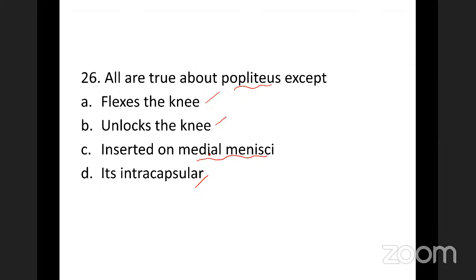The popliteus flexes the knee. As you all got to know, it unlocks the knee. It is intracapsular. The popliteus is attached to the lateral meniscus, which we will be discussing in our next class, not the medial meniscus. So popliteus is not attached to the medial meniscus, it is attached to the lateral meniscus of the knee joint.